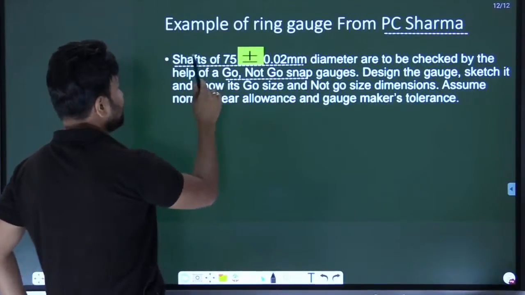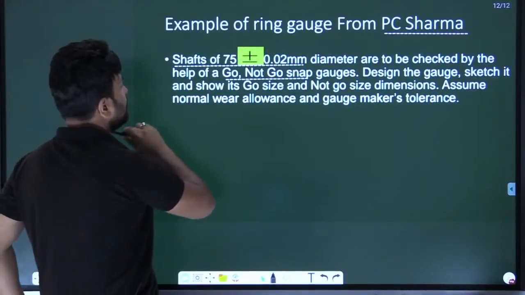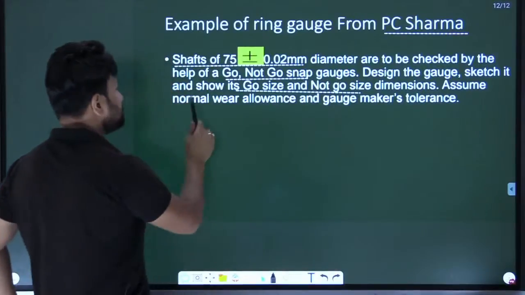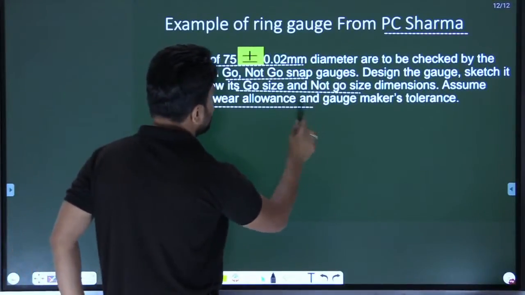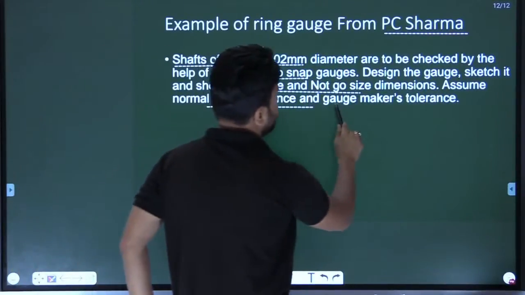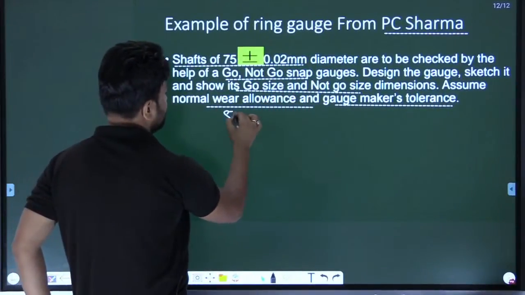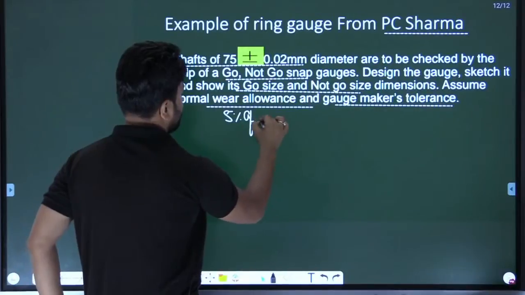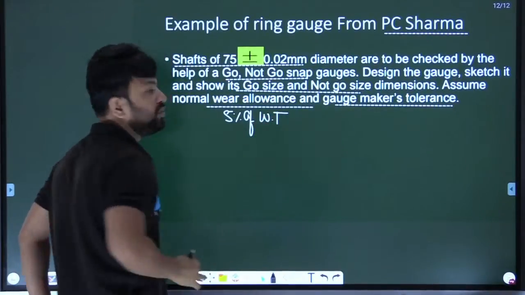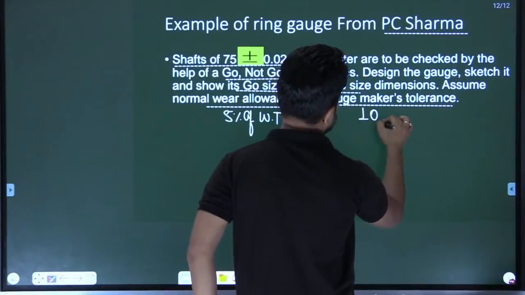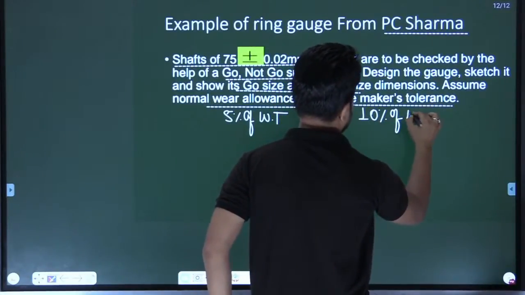Design the gauge, sketch it and show its go size and not go size dimensions. Assume normal wear allowance, which is 5% of work tolerance, where WT means work tolerance, and gauge maker tolerance is 10% of work tolerance.